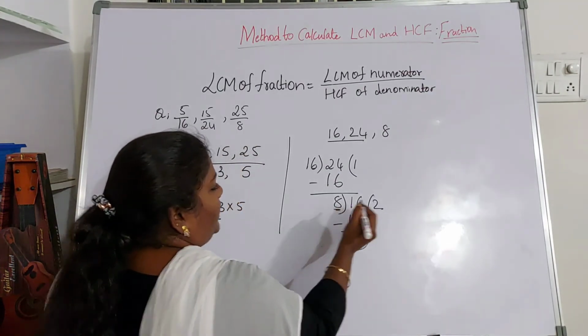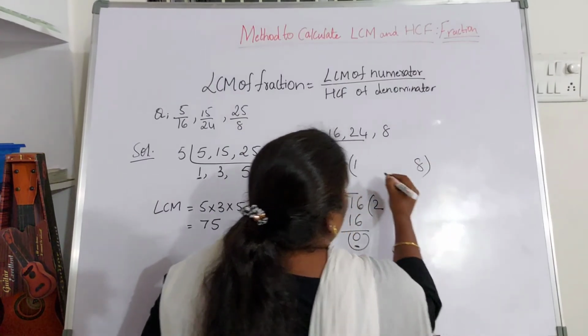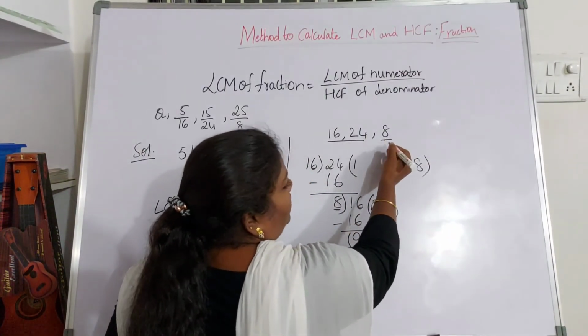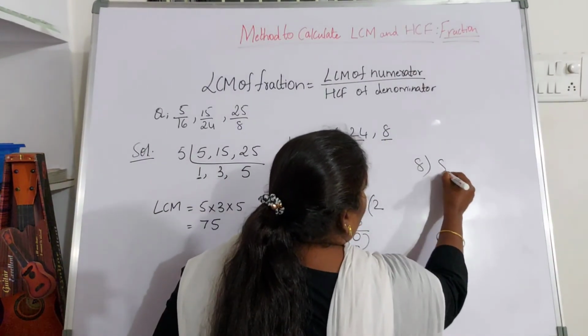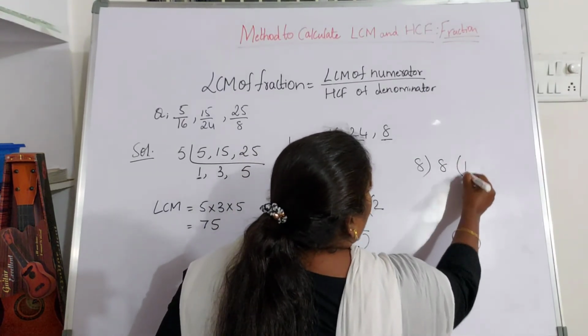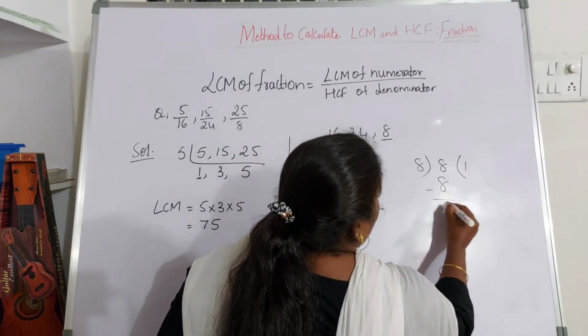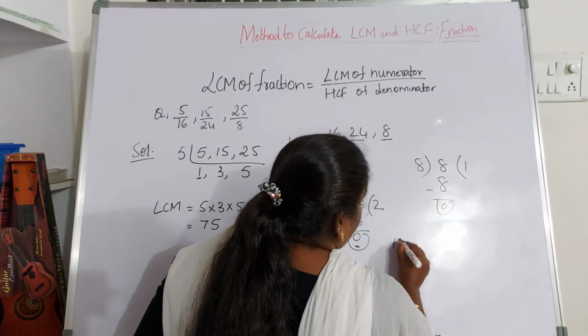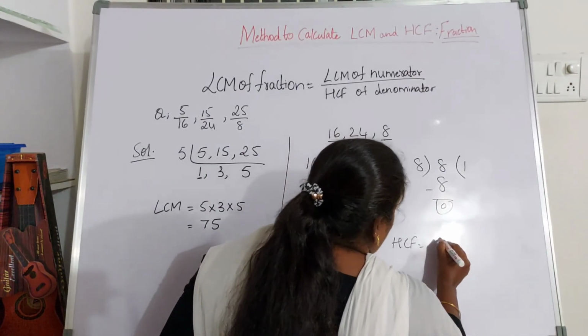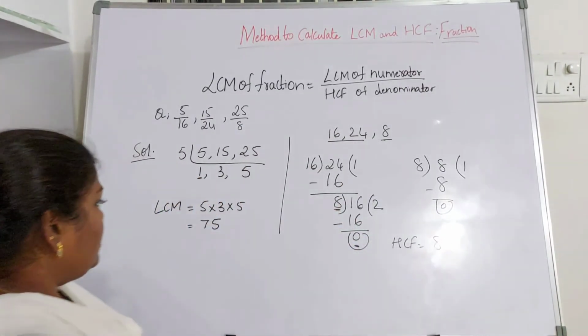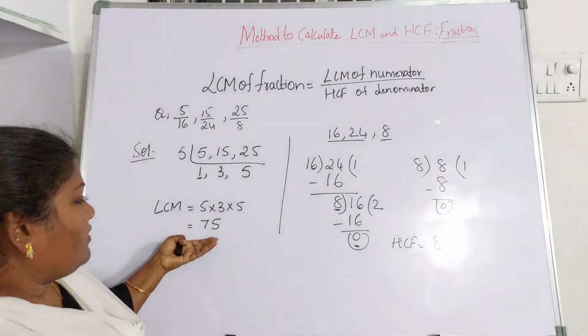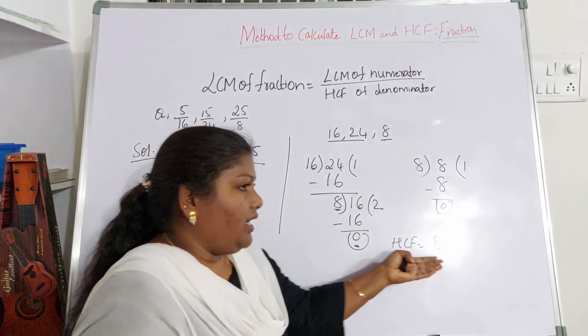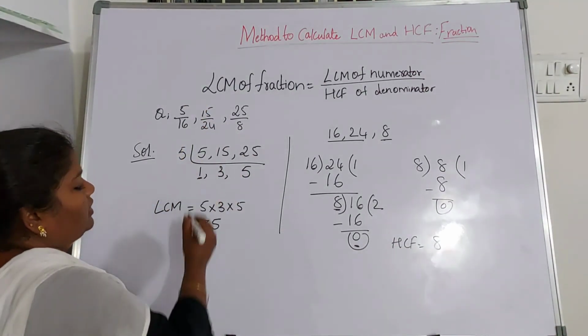Now this 8 is the divisor, and take the next remaining number, which is 8. 8 once is 8, and 8 minus 8 is 0. So the HCF is 8. Now we found the LCM as 75 and the HCF as 8. Let us substitute in the formula.